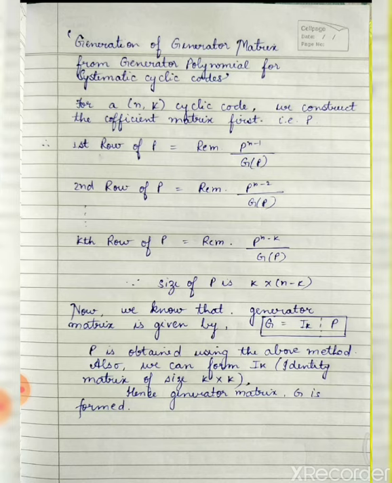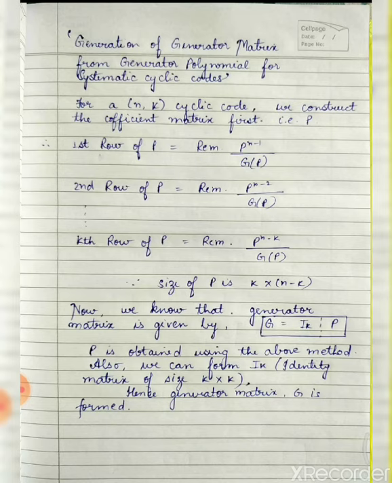Now once we have calculated the generator matrix from the generator polynomial, a series of questions can be solved. Suppose in the question it is asked to calculate the generator matrix from the generator polynomial, we can easily calculate this using the method we have just seen. Now suppose it is asked to calculate the parity check matrix H, that can also be easily calculated.